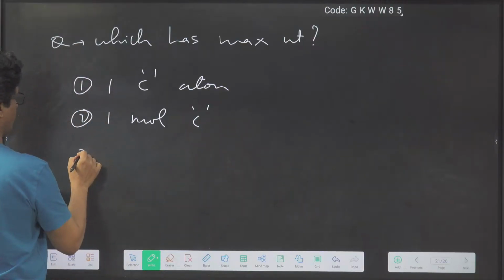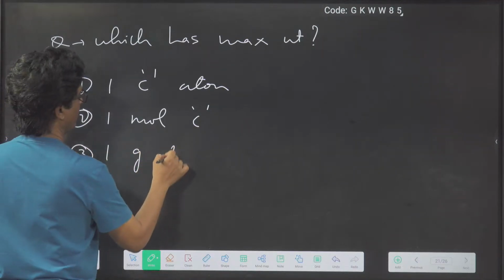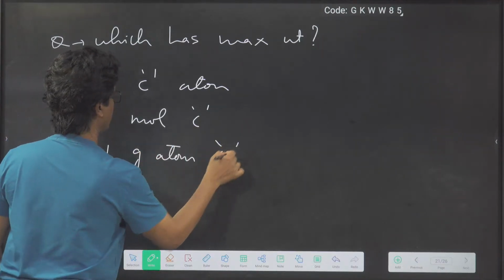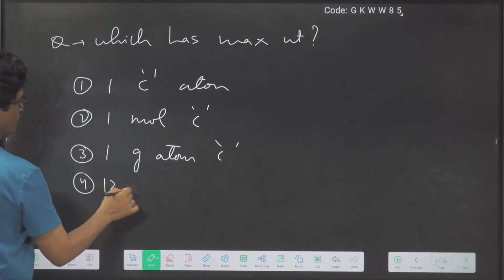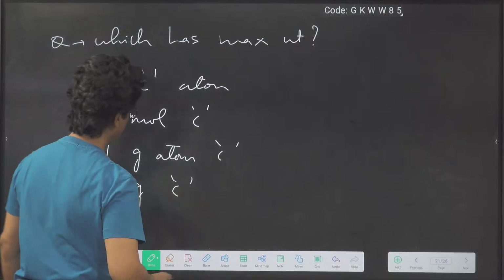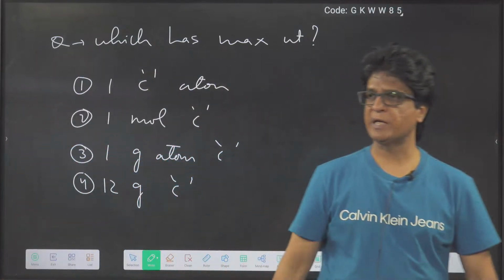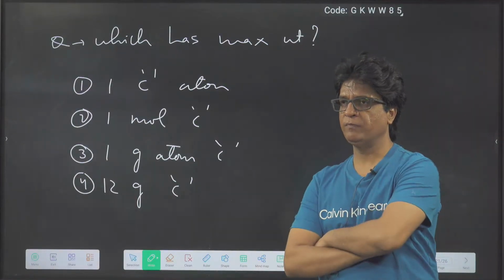Third one, 1 gram atom of carbon. Or fourth one, 12 gram of carbon. Which has maximum weight?